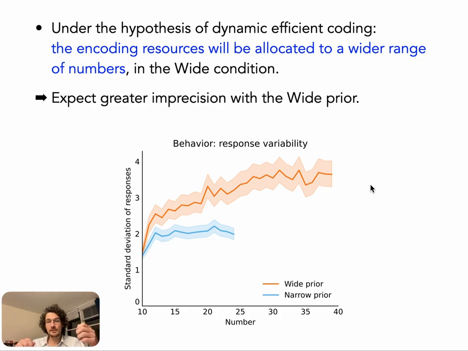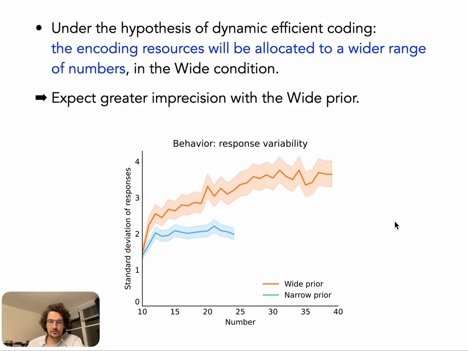So this neural resource is going to be spread out over a wider range, and in that case, you should expect a greater imprecision with the wider prior, because in some sense there are fewer neurons per number to encode each number. And just looking at the behavior, we look at the standard deviation of responses in the two conditions, and we find indeed that the responses are less precise in the context of the wide prior as compared to the narrow prior.